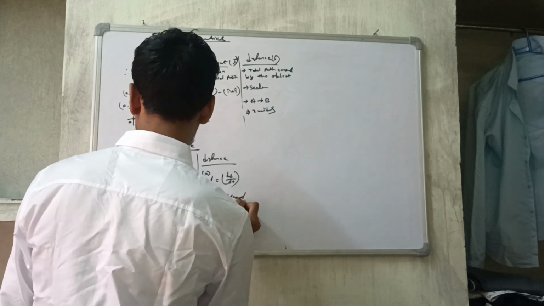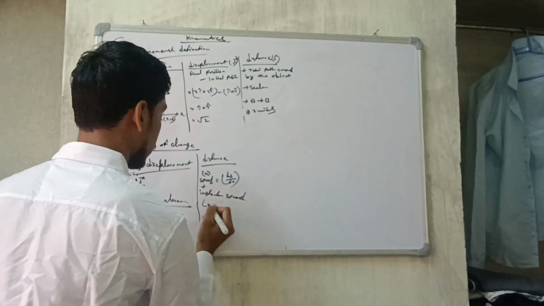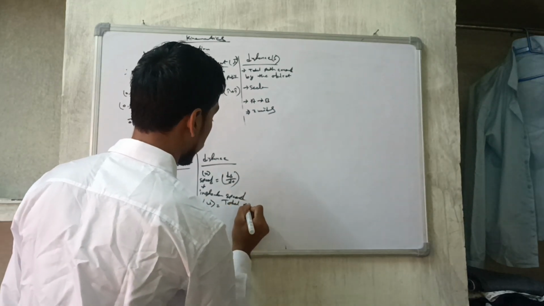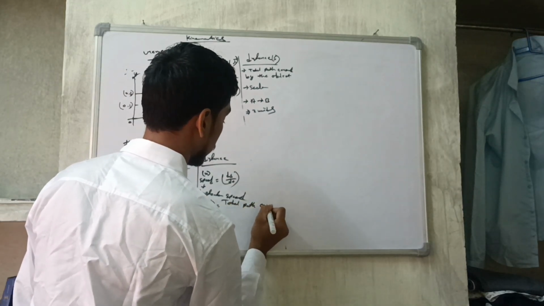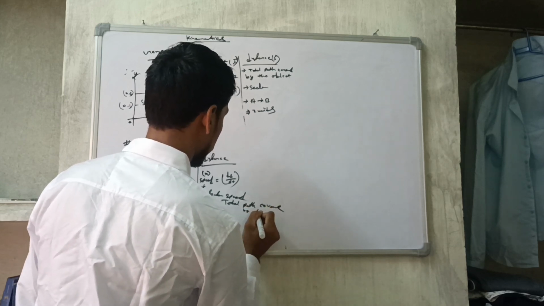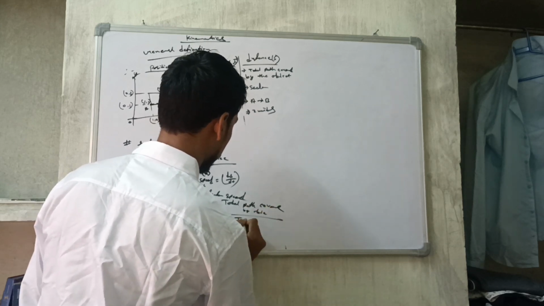What will be average speed? Average speed will be total path covered by the object upon total time taken.